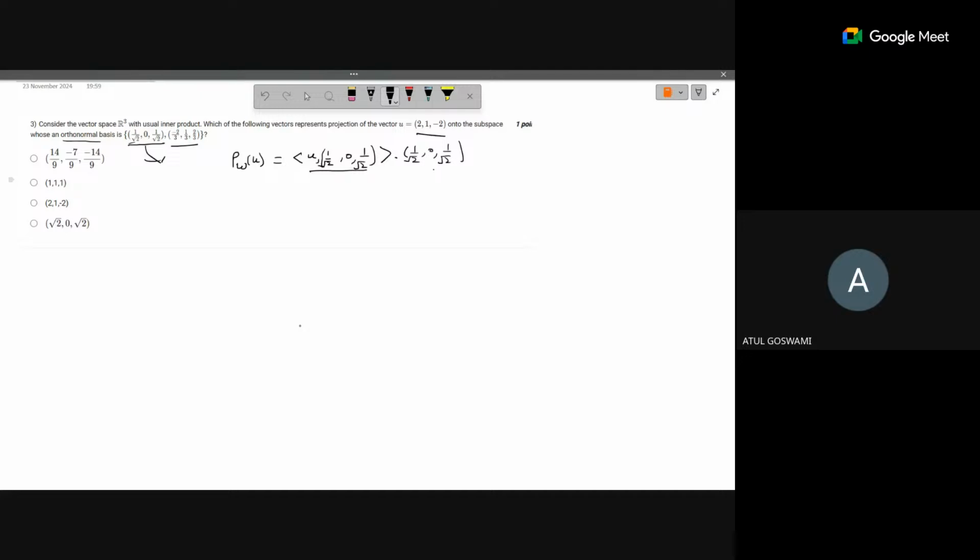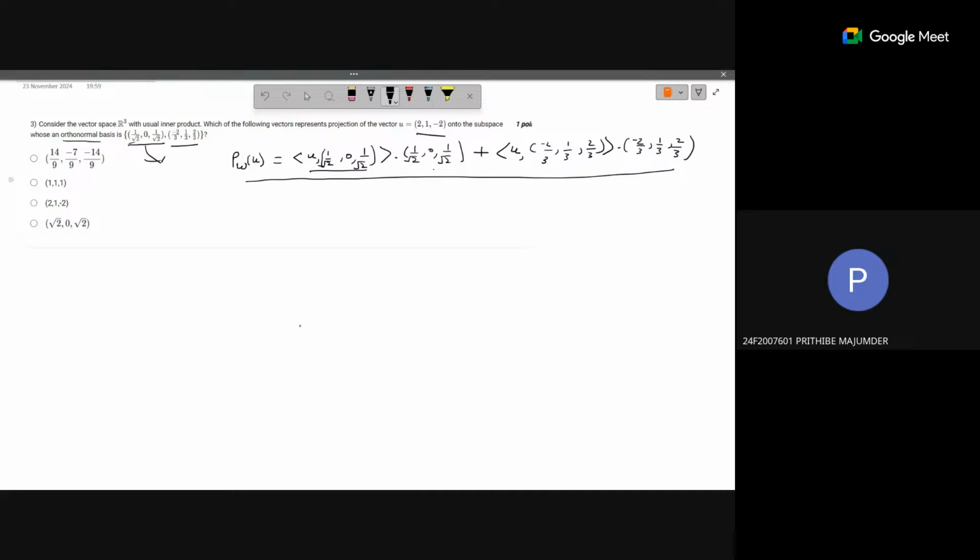This is the projection. Is this formula correct for projecting on the first vector? Similarly, projecting on the second vector, you take the inner product with this 1 by 3, 2 by 3, and multiply with this vector on which we are finding the projection. So everyone is fine with this statement? Prithvi, you also did it in this way, right?